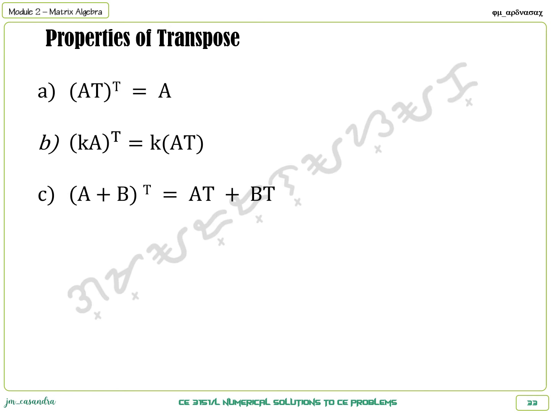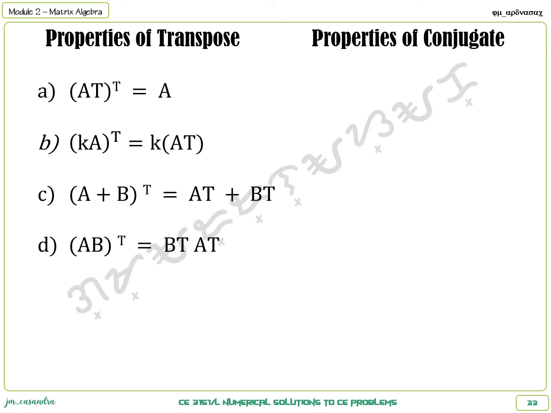Also, the transpose of the sum of two matrices is equal to the sum of the transposes of the individual matrices. Same goes for the transpose of the product of two matrices, which is equal to the product of the individual transposes, but the order is now in reverse.